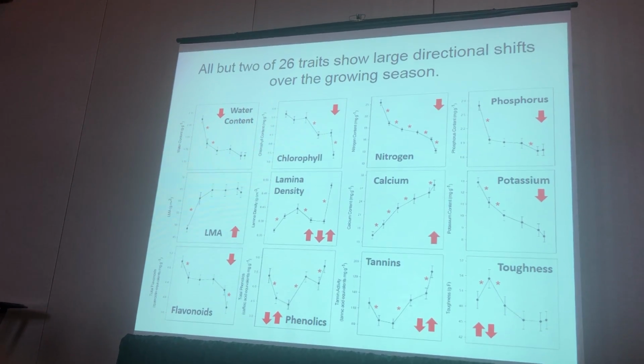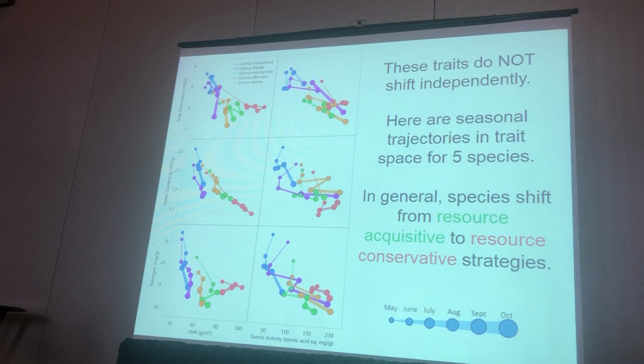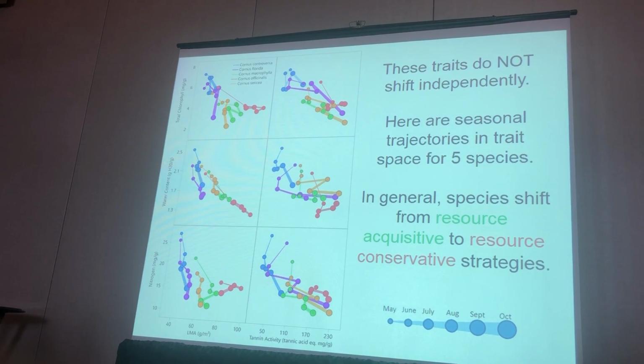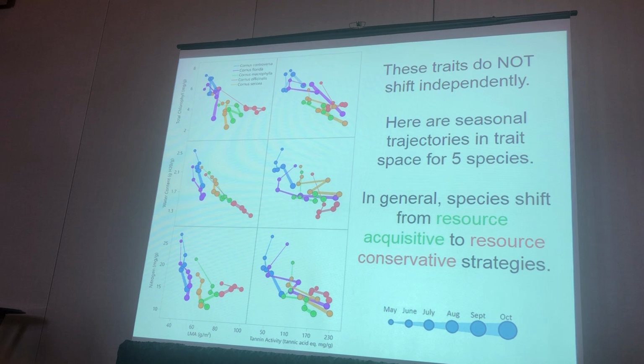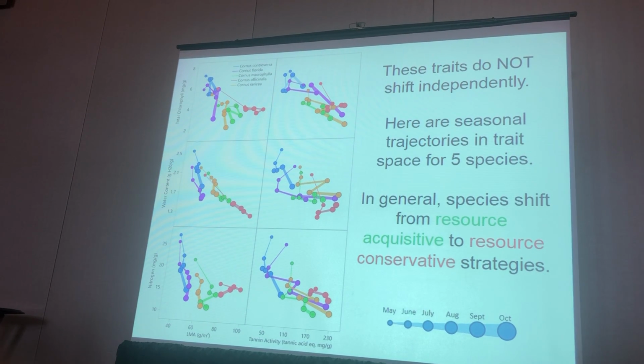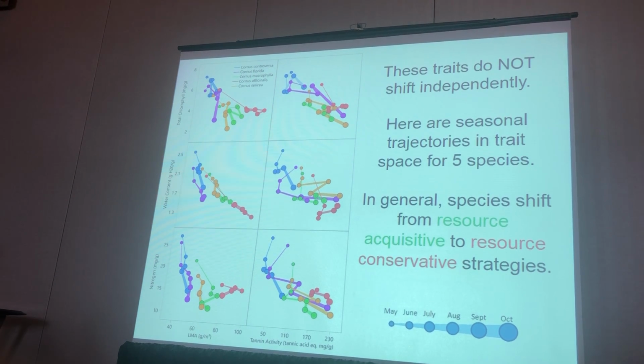It's really large changes. Another thing to point out is these traits do not shift independently of one another. So for instance, here we've got LMA and tannin activity, and we've got nitrogen content, water content, and total chlorophyll. Each of these lines is 1 species through time, in a May to October trajectory, just throwing 5 species up here.